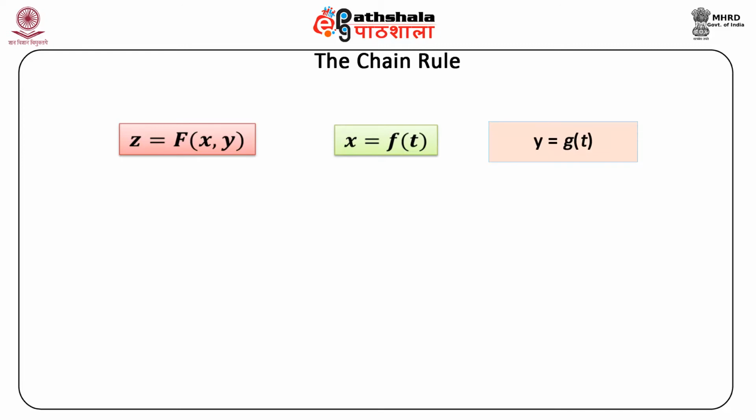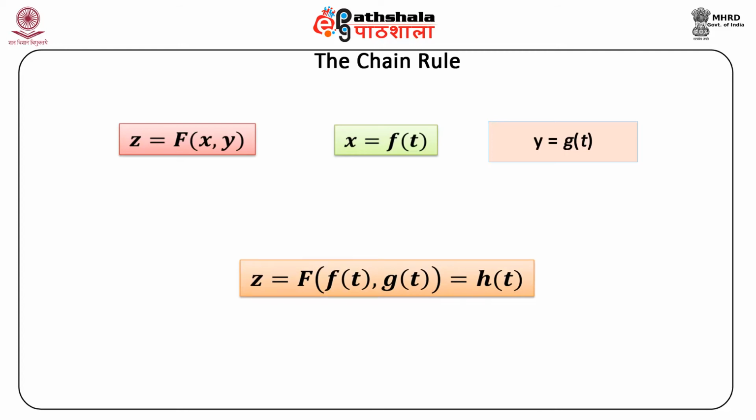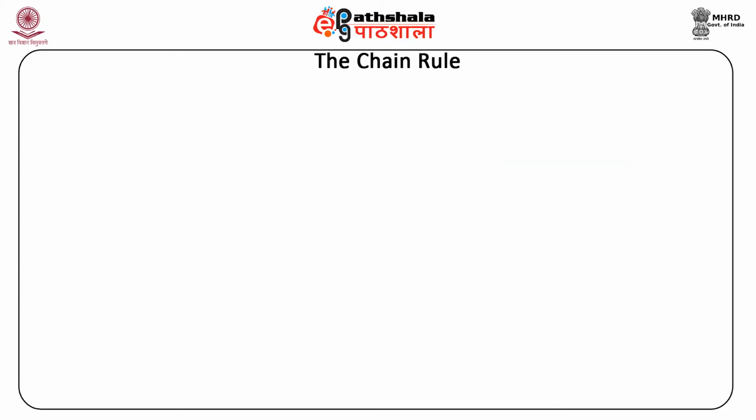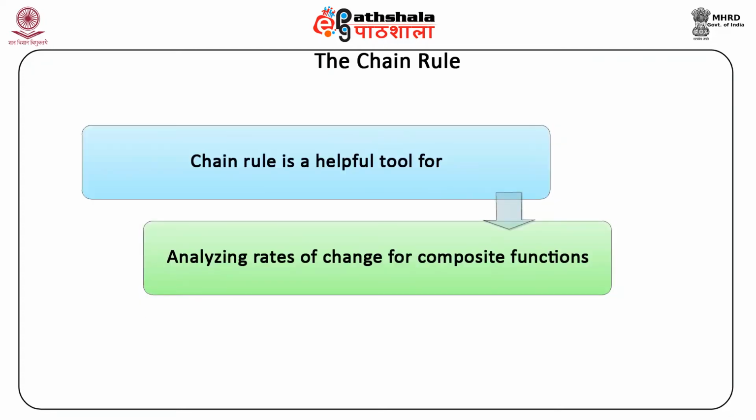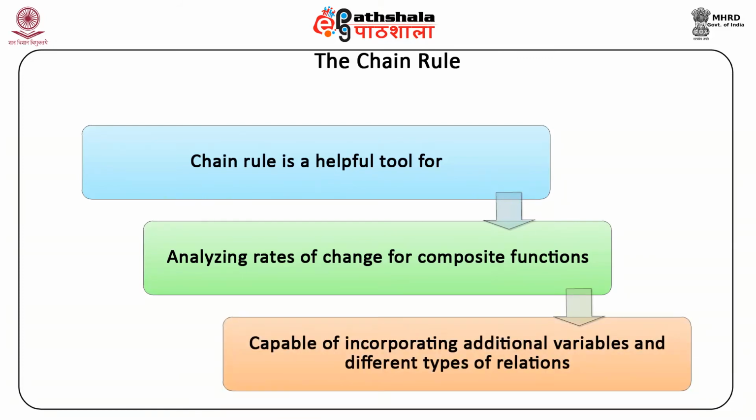Here both the independent variables x and y depend on a third variable t. Then z effectively becomes a function of t, that is z is equal to f of f(t) comma g(t), which is equal to h(t). The chain rule is a helpful tool for analyzing rates of change for composite functions and is capable of incorporating additional variables and different types of relations.